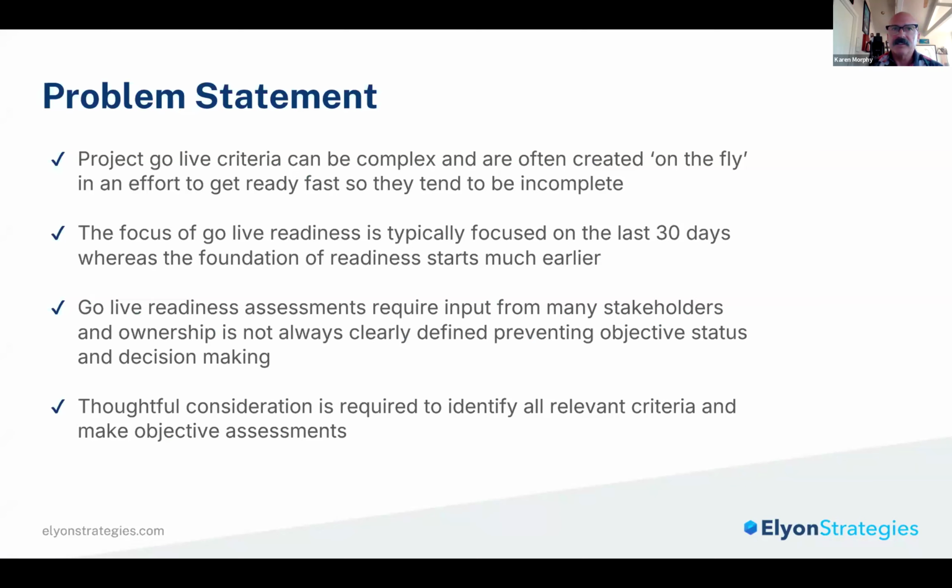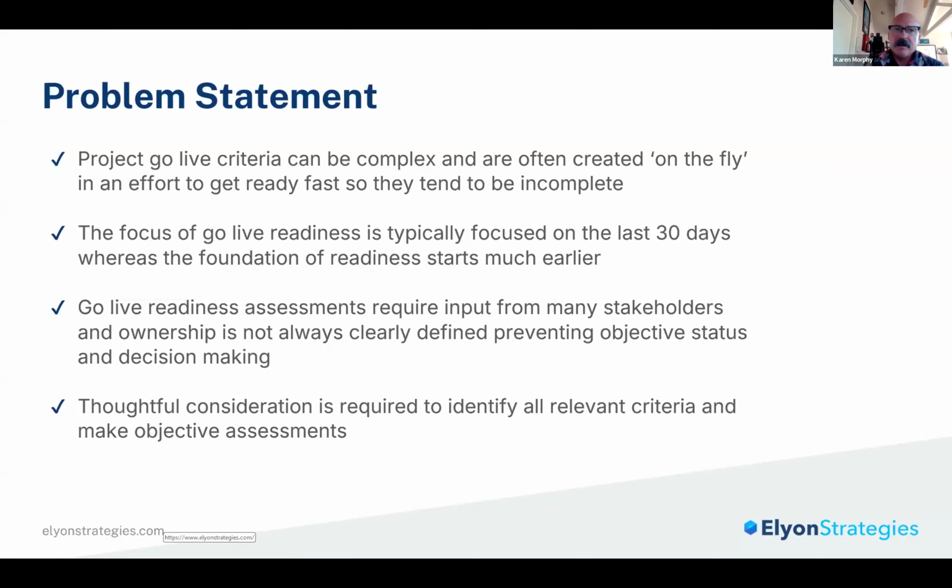I hope you can quickly see the measurements of whether you are ready are fairly complex, not that easy. You might have very technical criteria that need defining. For example, maybe the system must sustain 500 concurrent users with less than 3-second response time for your key transactions. These things need to be thought through, and it's not something you're going to think about in the last 2 weeks of the project.